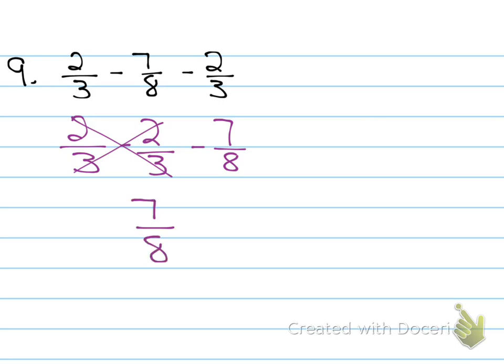Or, wait, is it 7/8? Yeah. Negative 7/8. Why negative? Because, guys, there's a negative in front of it. You say that's a subtraction sign. Sure. 0 minus 7/8 is negative 7/8. Okay?